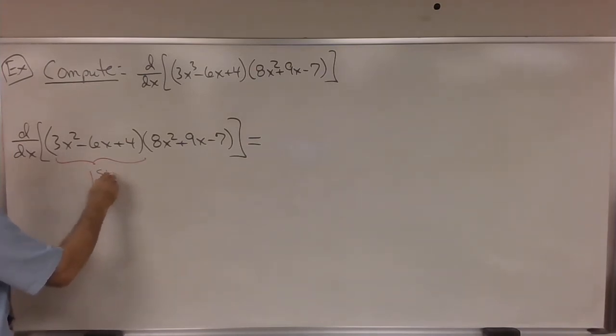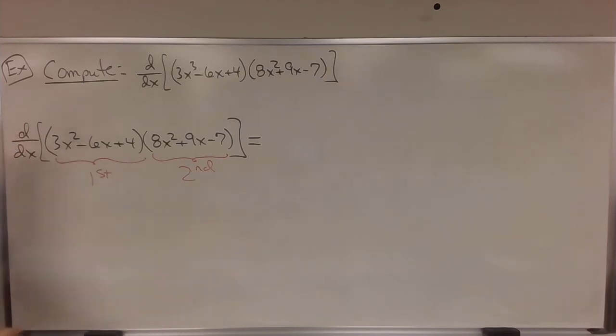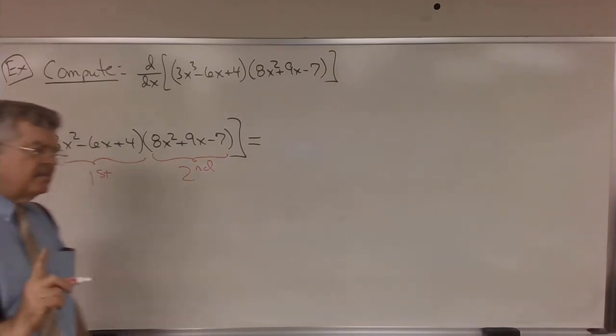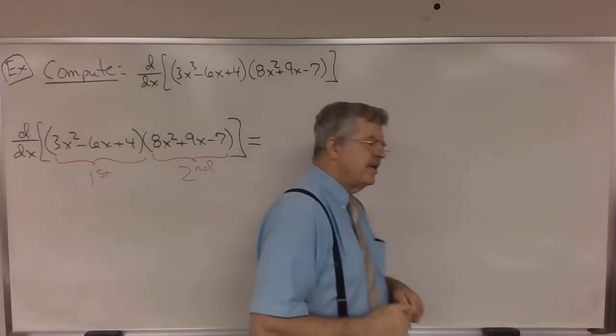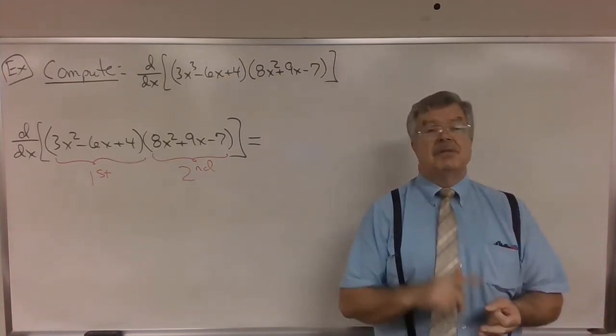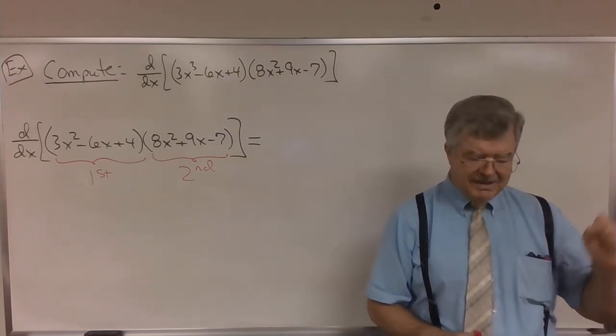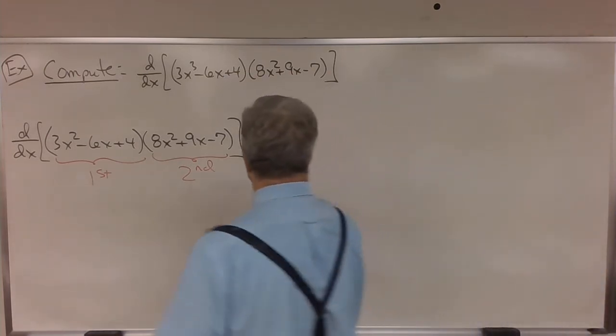Here's my first function, and here's my second function. And I've been working on my product rule, so I know that the product rule says first prime times second plus second prime times first. Got it. Okay.